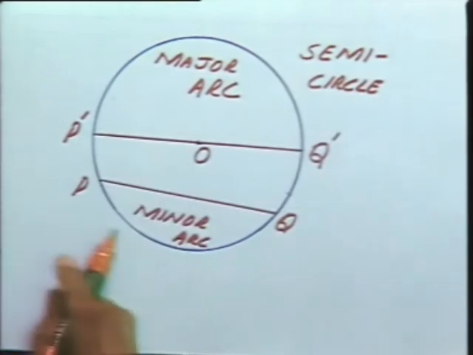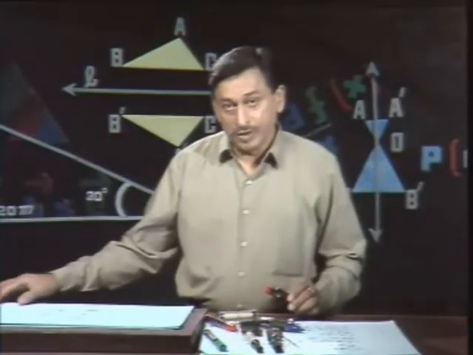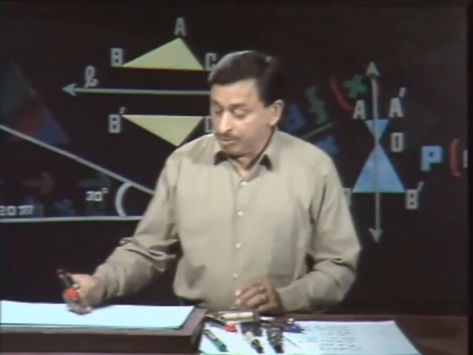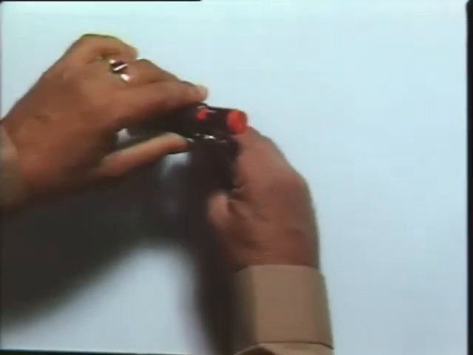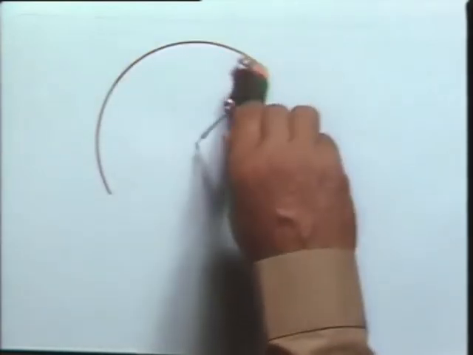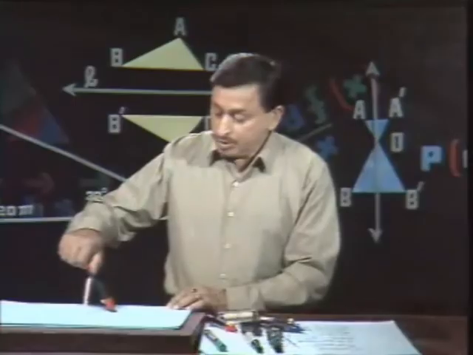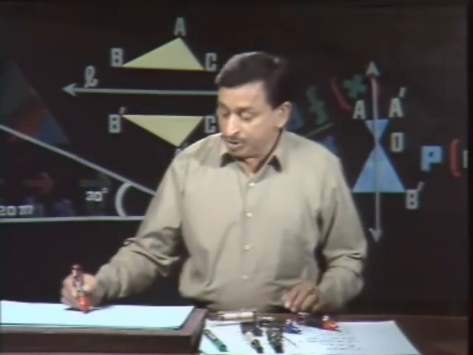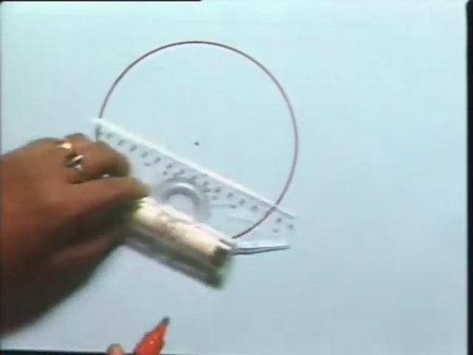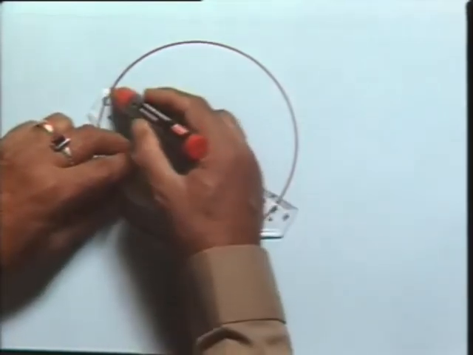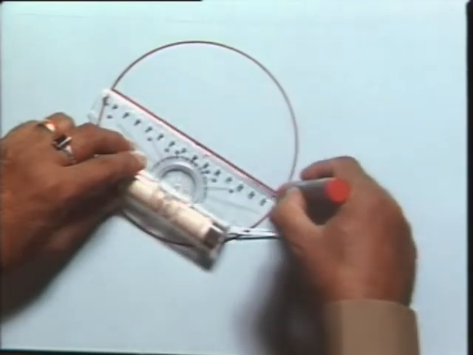So, what we see is that whenever we draw a diameter in a circle, we will be getting semicircles. See, like this, again taking a circle. Now, this diameter may be drawn here, we will get two semicircles.